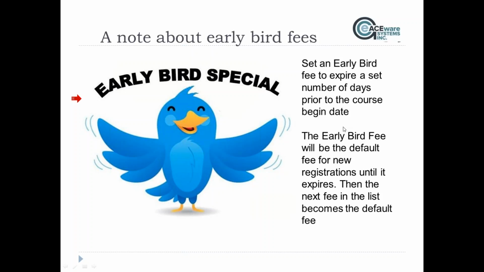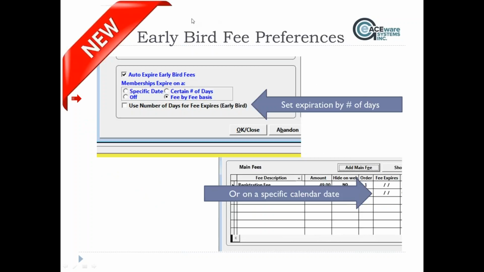If you have not raised your fees in a while and you have never used early bird fees, what you can do now is set your old regular fee to be the early bird fee, and then set the late fee, the non-early bird, to be your 5% higher fee, so that it's a backdoor way to raise your fees and still say, yeah, we raised our fees, but if you get off your butt and register, you're still going to get the regular fee that we've honored for 150 years. So early bird fees is a nice way to get into that.